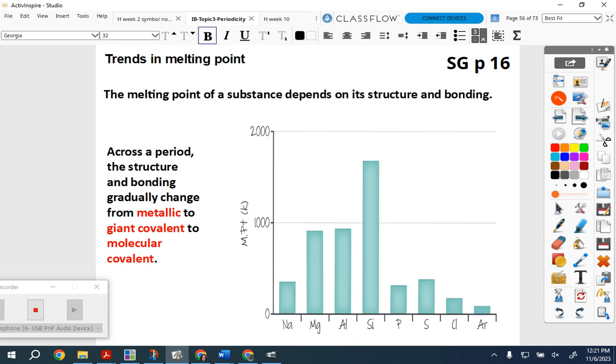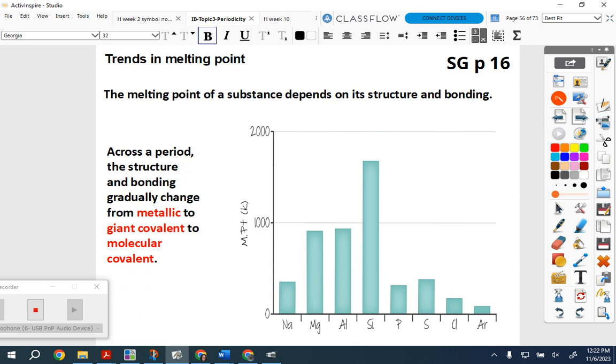Okay, so sodium, magnesium, aluminum are going to be forming metallic bonds. The silicon is going to be forming giant covalent structures. The rest of them are going to be forming small molecules or single atoms.